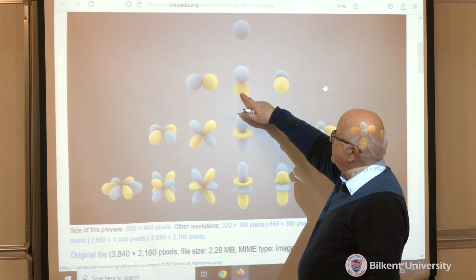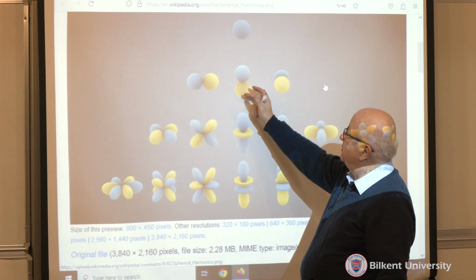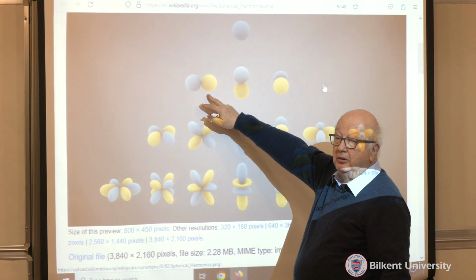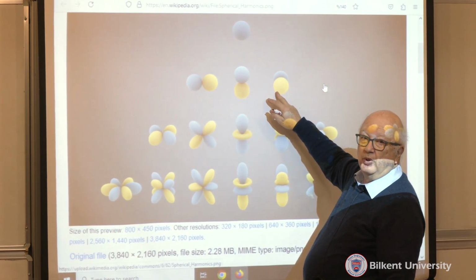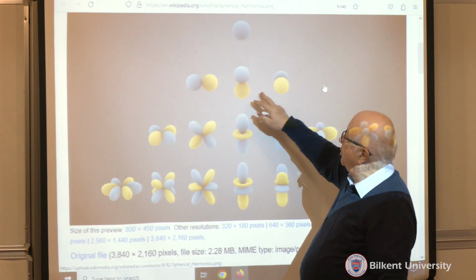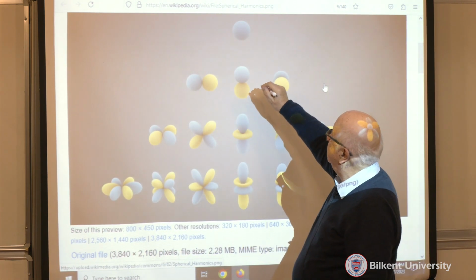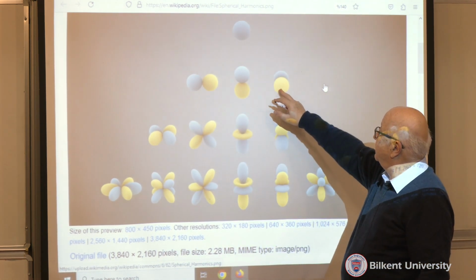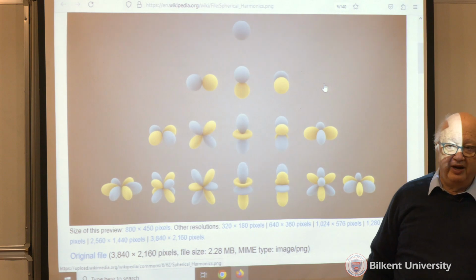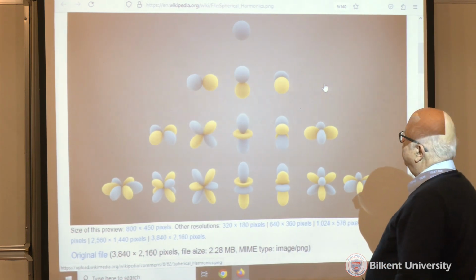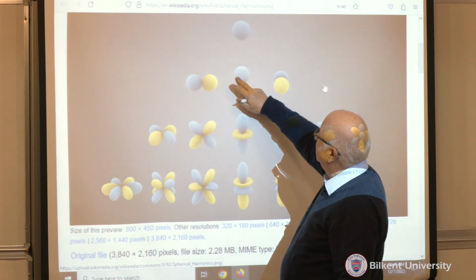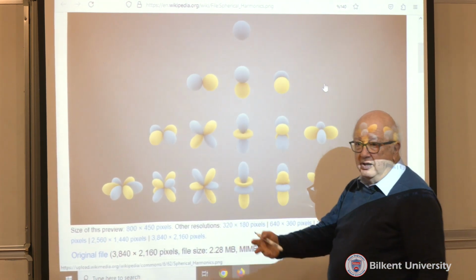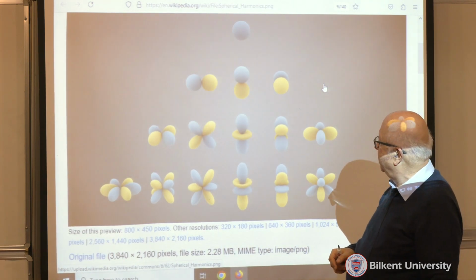Now, this is Y_1,0. You see, again, it has azimuthal symmetry. This is Y_1,-1 and Y_1,+1. This bluish part is positive. The yellowish part is negative. So I have positive on the northern hemisphere here, negative in the lower hemisphere.